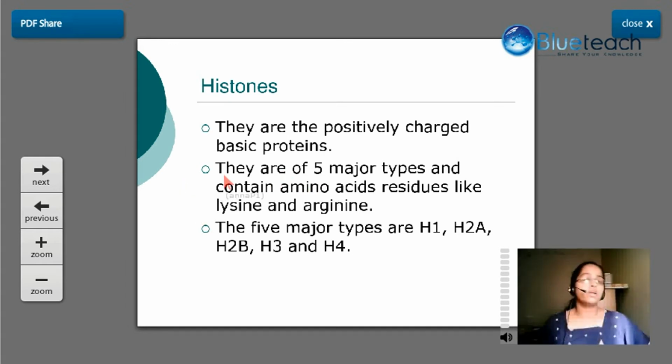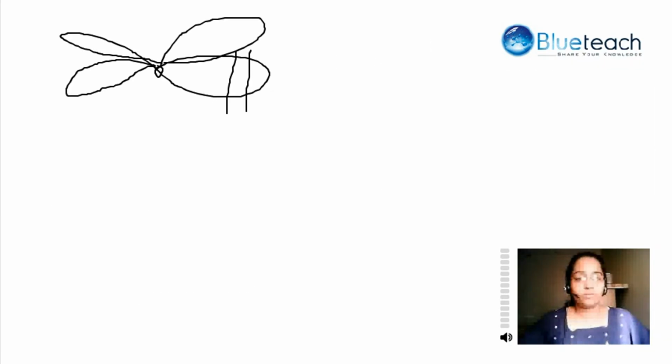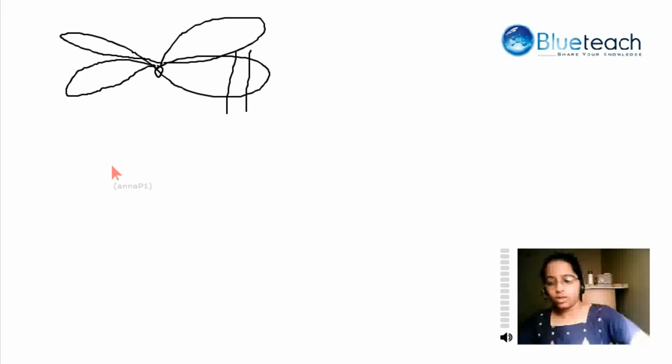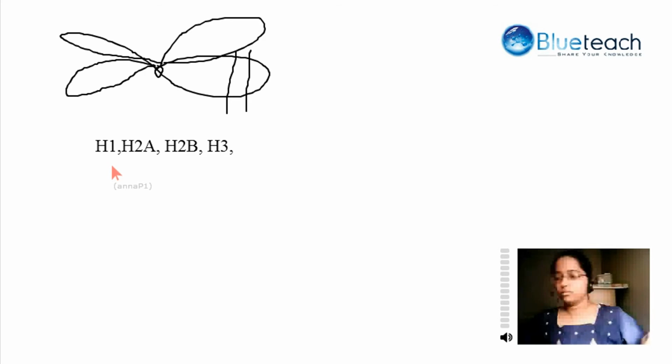The 5 major types of histones are H1, H2A, H2B, H3, and H4.